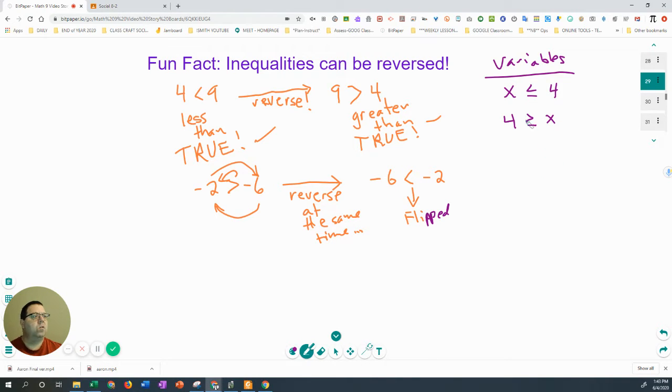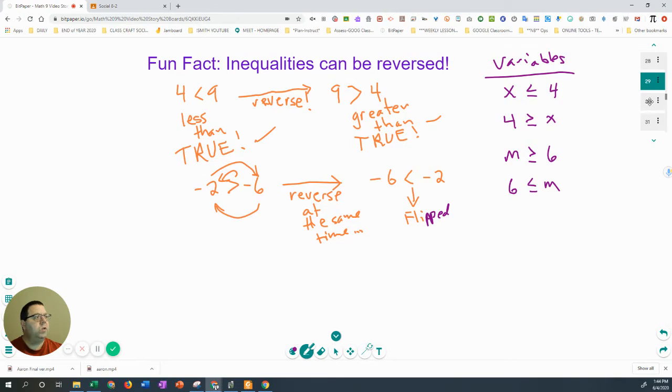Because the possibility here is x could be 4, so 4 makes sense here and 4 makes sense here. Again, let me start with the variable: m is greater than or equal to 6. And again, the reverse is true: 6 is less than or equal to m.